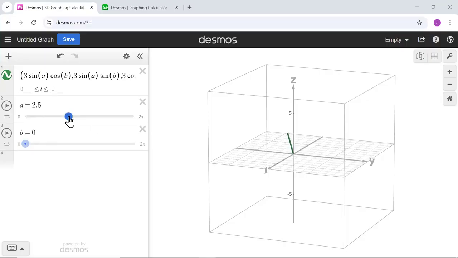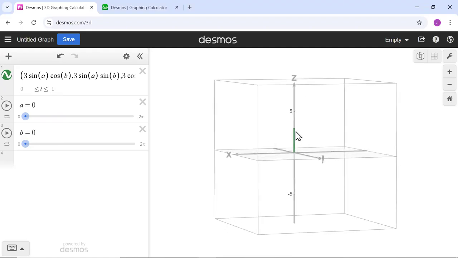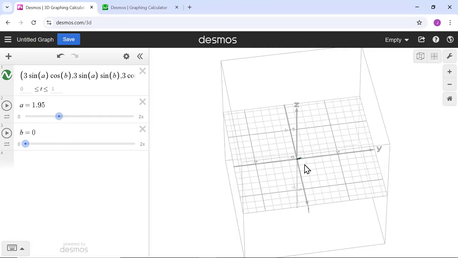No, I did have it right. So the angle A is my phi. Now it's kind of hard to see, but when angle A is 0, then we are parallel with the z-axis. And as we start growing, obviously it's going down and down and down, and something weird happens right there.